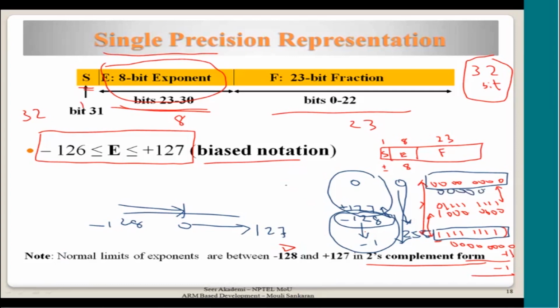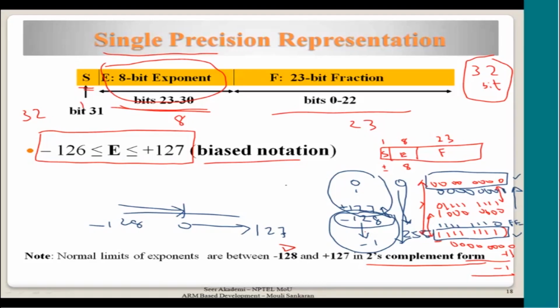So what you have is 0001, and the one just prior to all ones is 1110, which happens to be FE. These numbers are only used for the exponent notation. This 0 and all ones are considered a special representation.